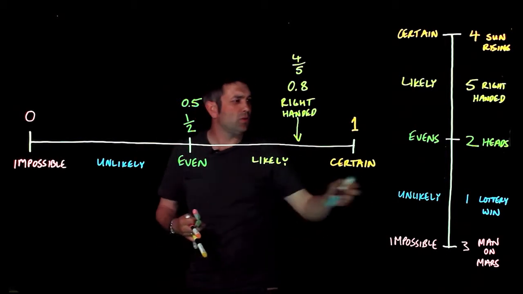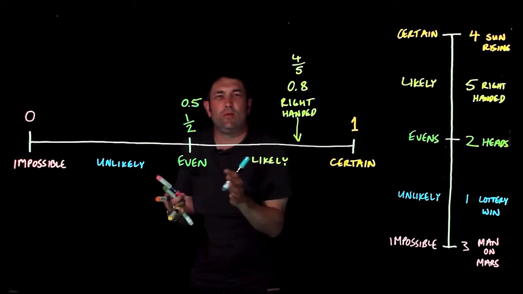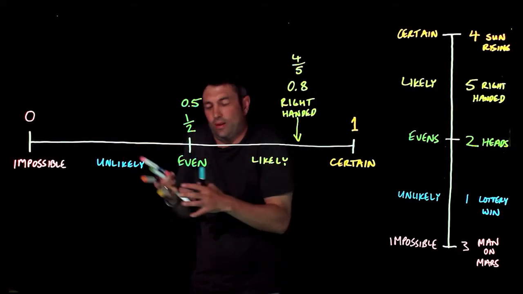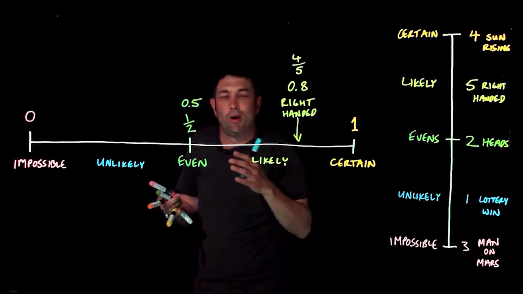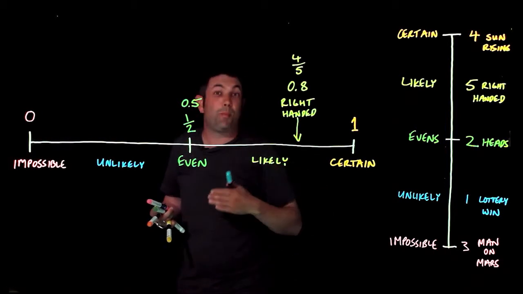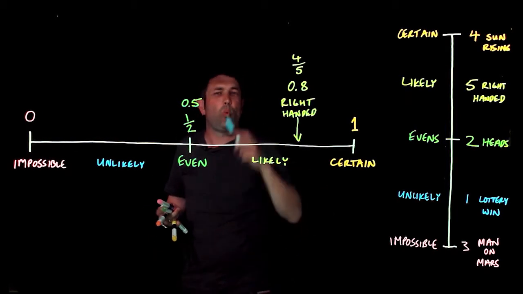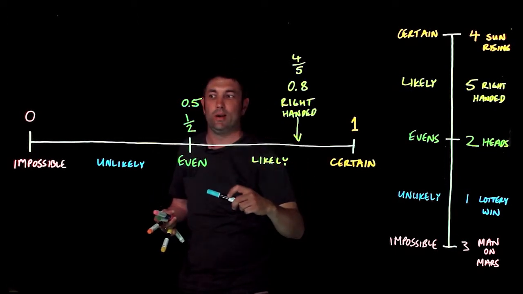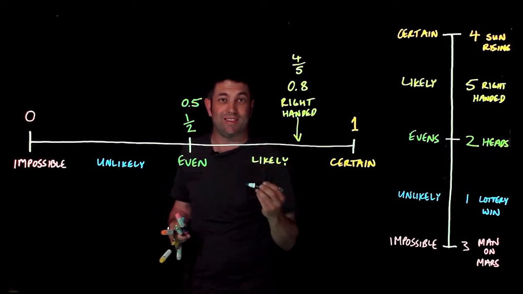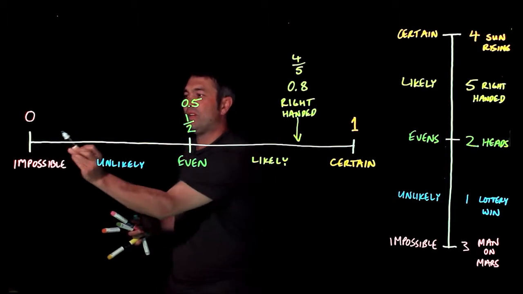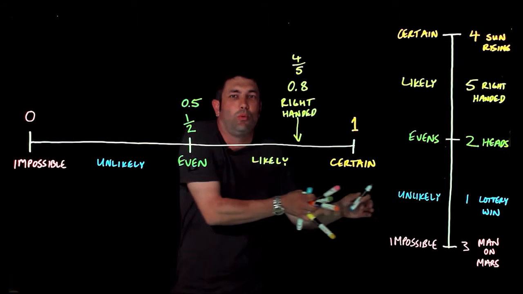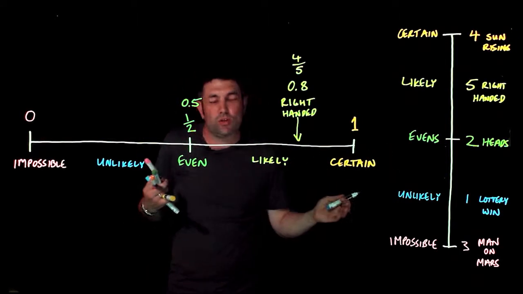Now the last one, the lottery win, that's really, really small. If you look it up on the internet, if you Google it, other search engines are available, you can find that it's about 14 million to 1, or 1 over 14 million is the chance or the probability of winning the lottery. That's really, really small. That's 0.0000001 or whatever it is. You could use your calculator again.